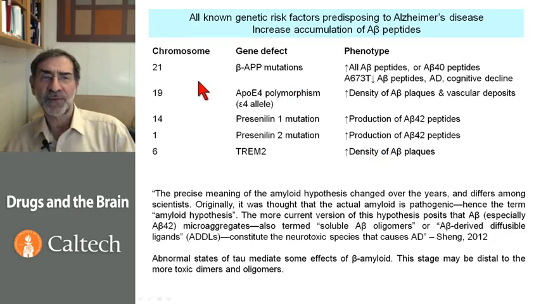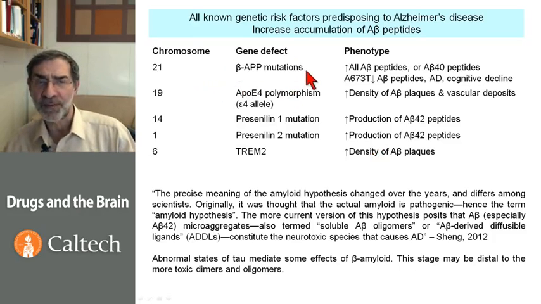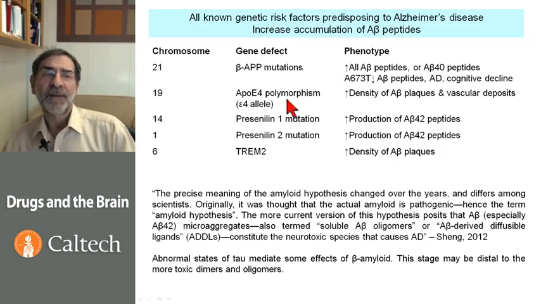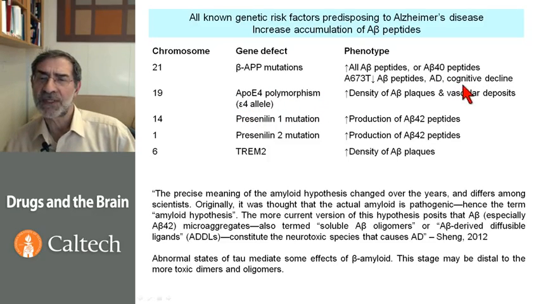And so on chromosome 21, which is where beta-APP lives as a gene, there are mutations, as we've seen, in A-beta itself. We've also talked about the ApoE4 polymorphism, specifically the epsilon 4 allele, which increases the density of A-beta plaques and vascular deposits.